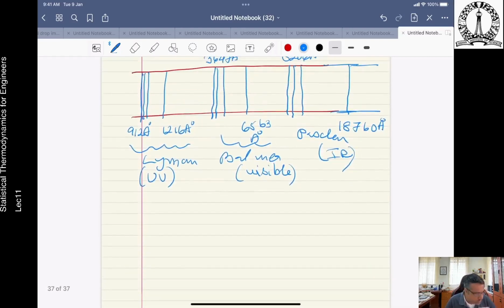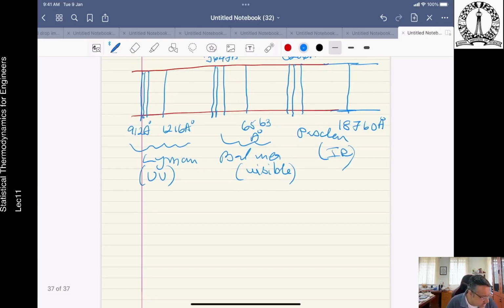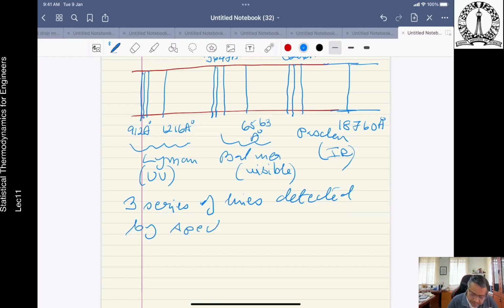So there are three series of lines detected by the spectrometer. If you look at these particular lines, they are very closely spaced, and then there are these large separations as well.